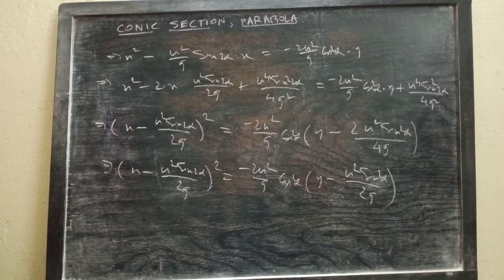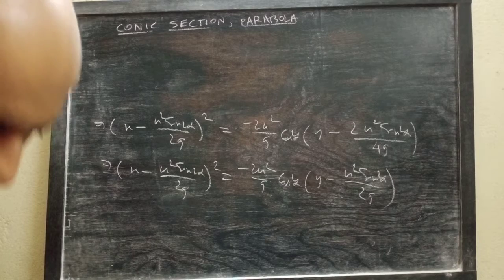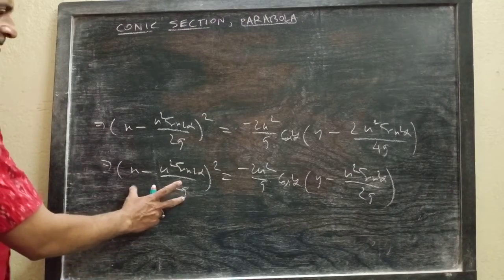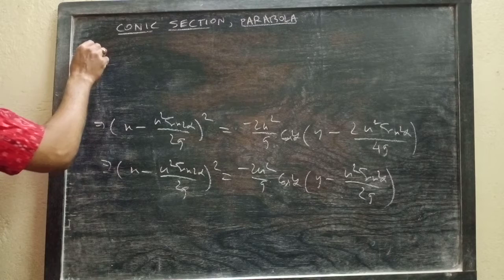Okay. Now I am writing its different parts. Now the detailed process I have shown you. You have to consider this as big X, this as big Y. From that I am writing the details.